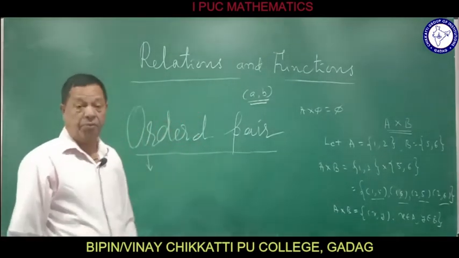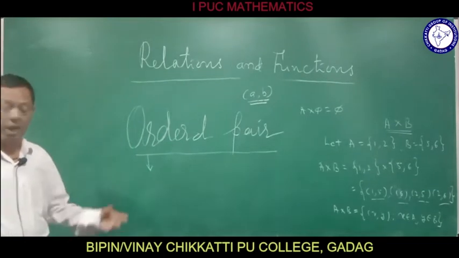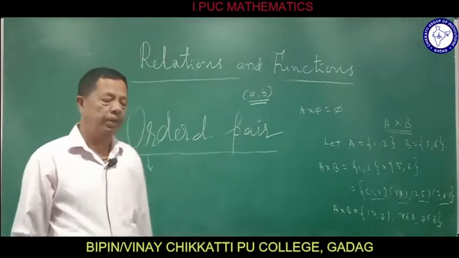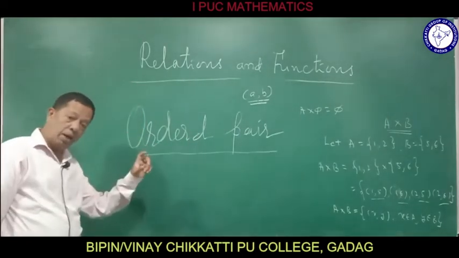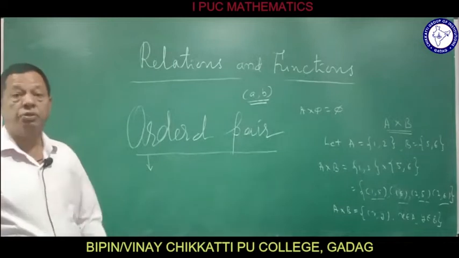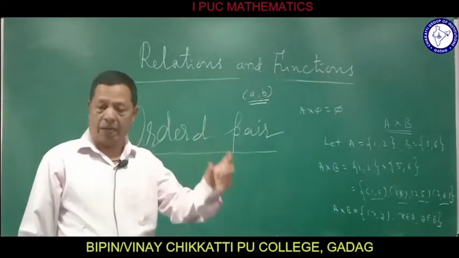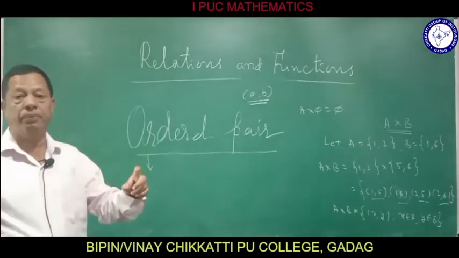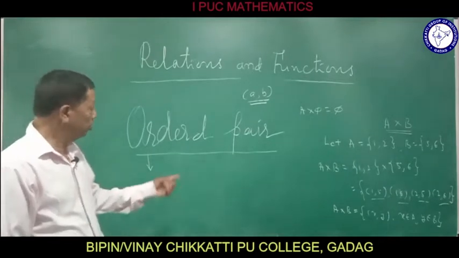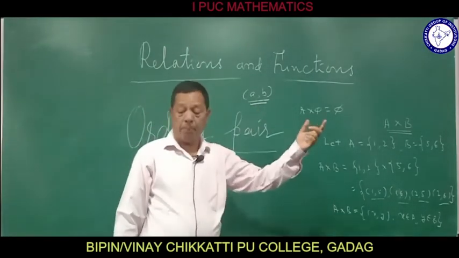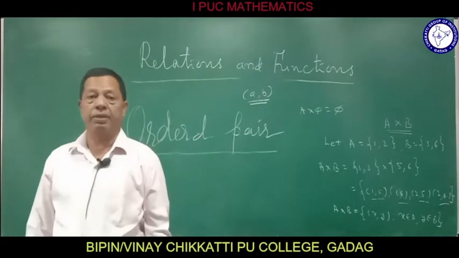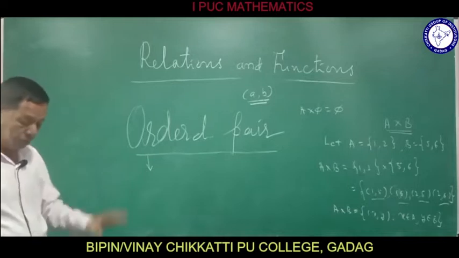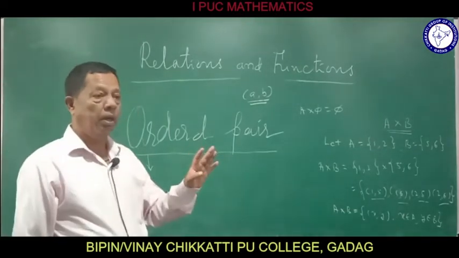But in more detail, an ordered pair is defined as a pair of objects listed in a specific order, separating them by a comma and enclosing the pair in parentheses. Parenthesis, as I already said, is one kind of bracket. So this is the definition of an ordered pair.